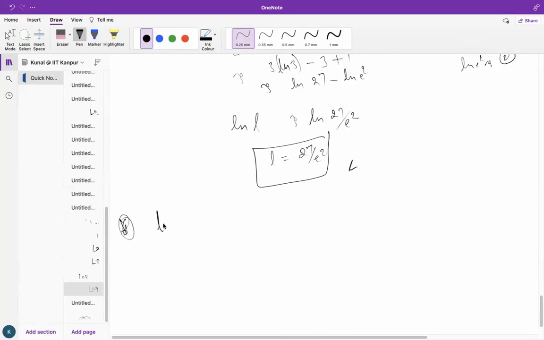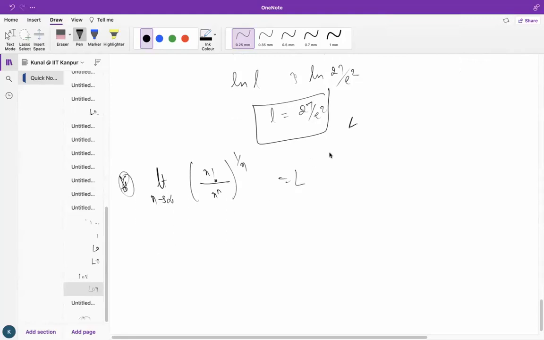It is limit n tending to infinity of n factorial by n to the power n, whole to the power 1 by n. So we have to calculate its limit. It is as simple, we are doing the same thing. Let it be L. You know that n factorial is nothing but n into n minus 1 into n minus 2 dot dot dot up to 1.